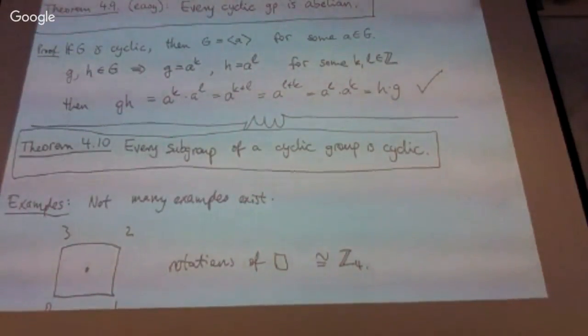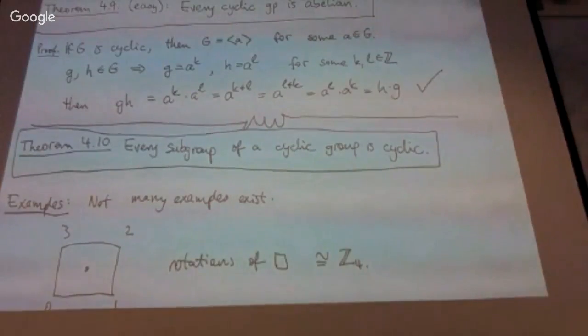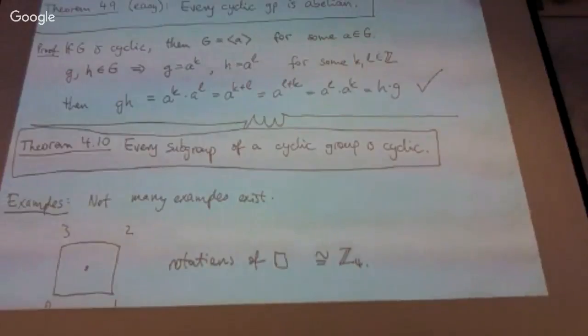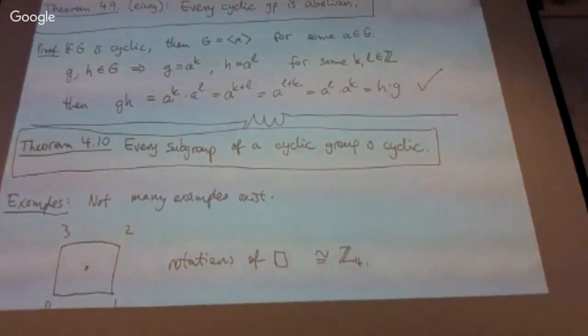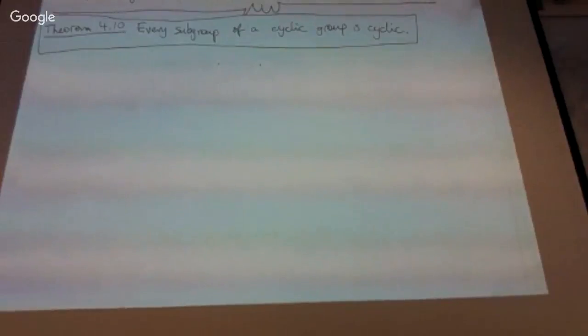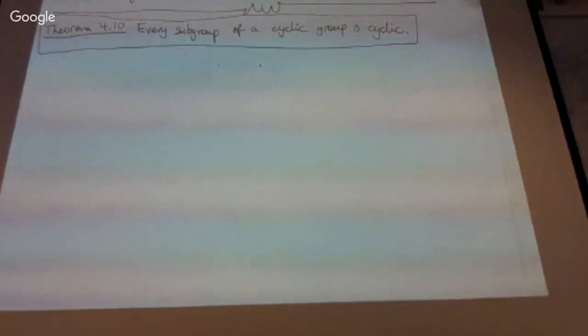And what we didn't do is the proof of this theorem 4.10. So that's the thing that we're going to do now. Theorem 4.10 says that if you have a cyclic group, then any of its subgroups is cyclic as well.